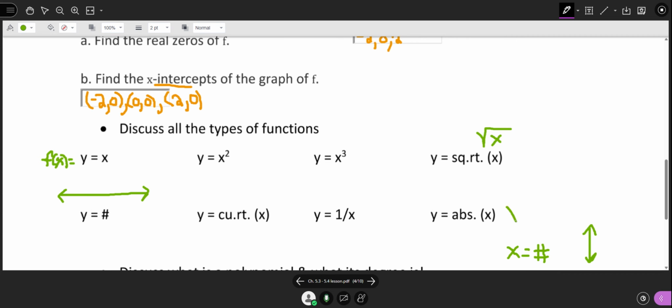Absolute value is a V shape. Y equals 1 over x is the butterfly shape. I call it butterfly shape because it kind of looks like a butterfly.